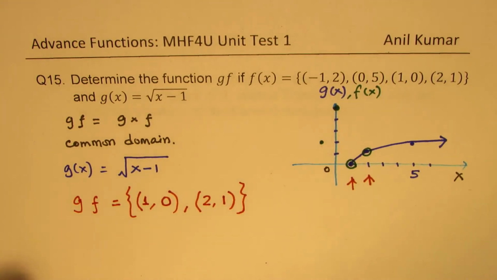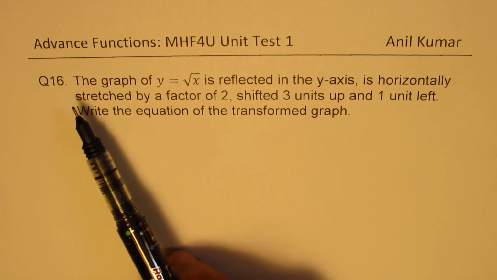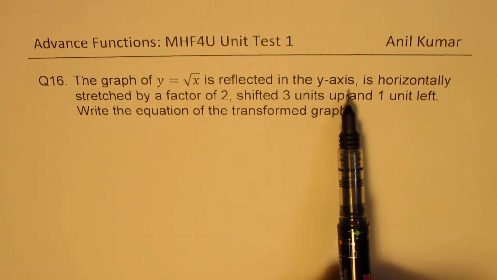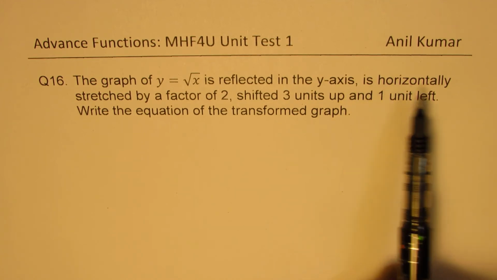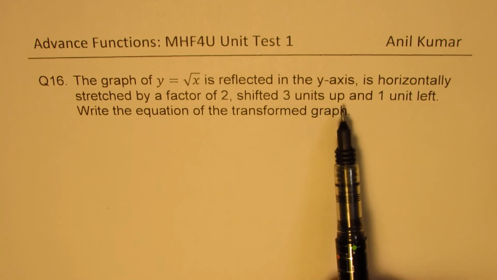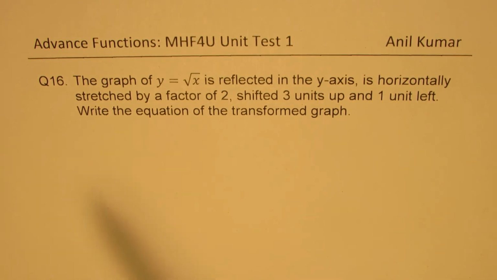Okay. Now let's take up the last question, which is question number 16. The question here is, the graph of y equals square root of x is reflected on the y-axis, is horizontally stretched by a factor of 2. Shift 3 units up and 1 unit left. Write the equation of the transformed function.